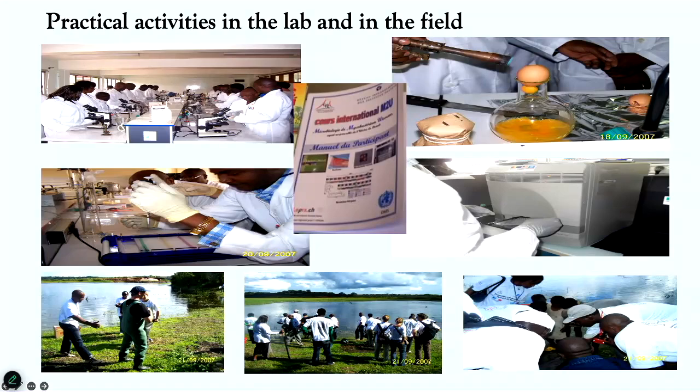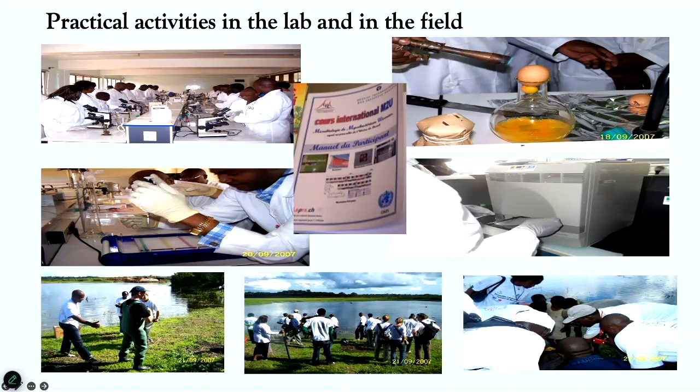The year after, we also included collecting samples in the field, to train people to increase their capacity to organize it. At this time, there were many studies on the transmission of Buruli ulcer. So we really built this capacity during four sessions, I think, and for 11 countries.